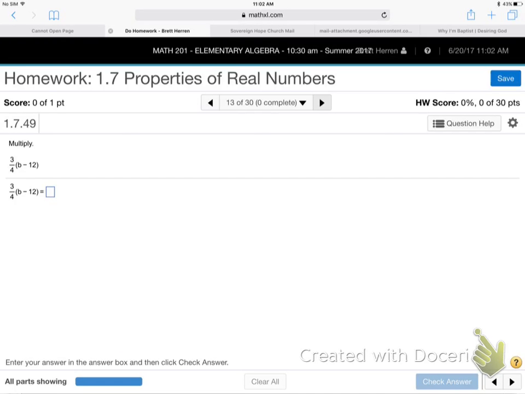All right, same thing, parentheses and everything, but now with a fraction. So try the same thing. Take that 3/4 and go boom and boom. Multiply both those on the inside.